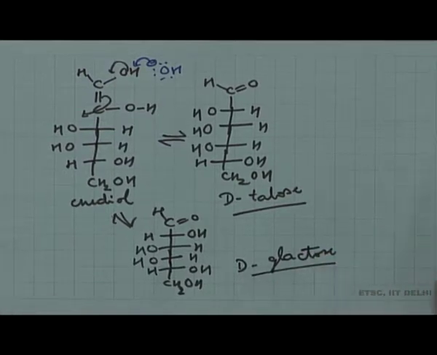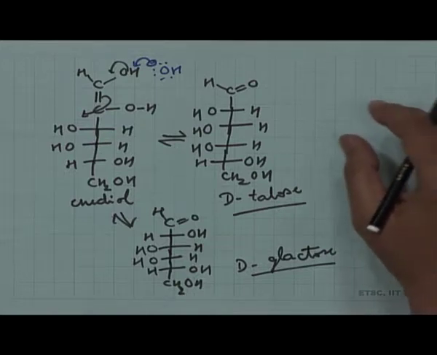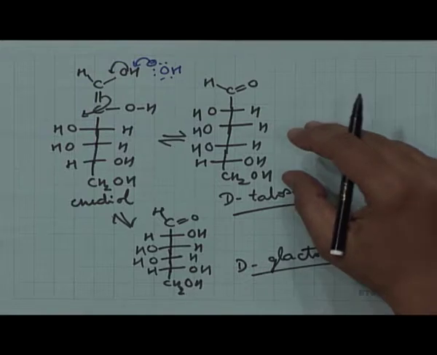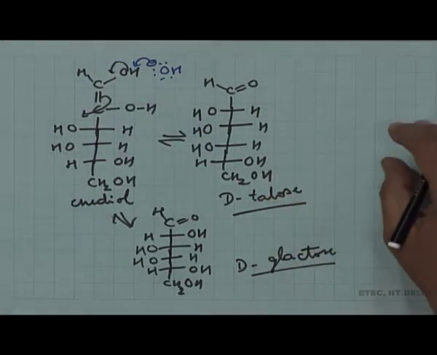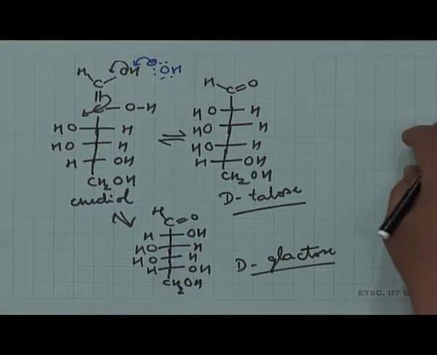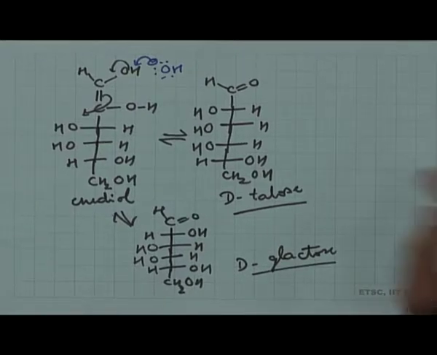So, we started with D-tagatose and we end up with a mixture of D-tagatose, D-sorbose, D-talose and D-galactose.